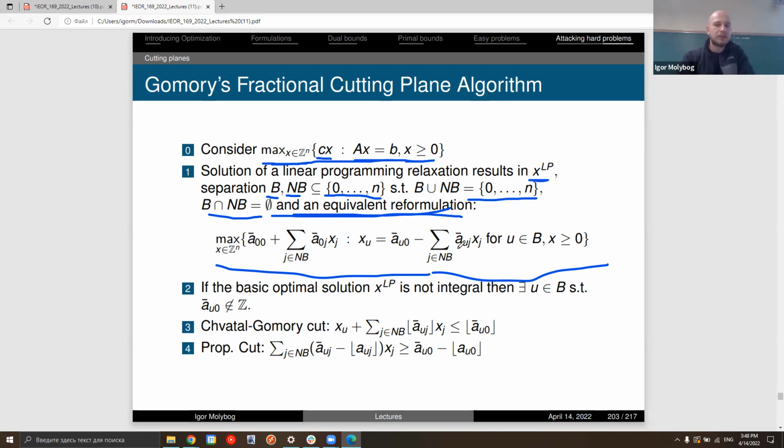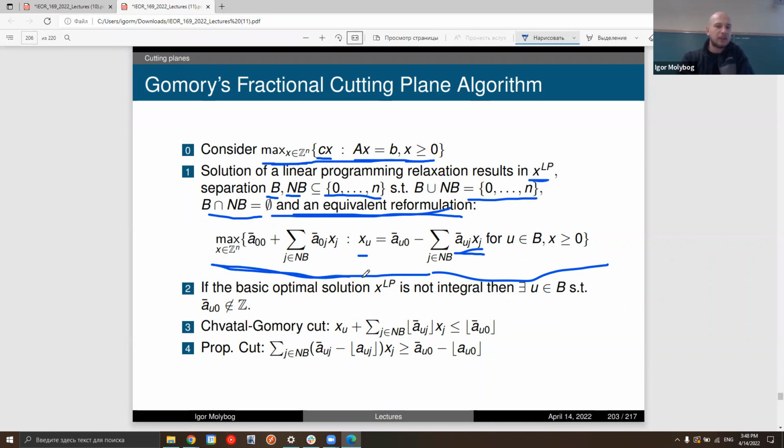These variables over here are, at the optimal solution, going to be equal to 0, and these variables over here are not going to be equal to 0, which is the separation between basic and non-basic variables.